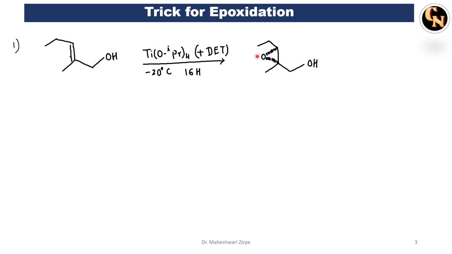Now how will you come to know that it is below the plane? There is a trick for this. What is the trick? You should remember. Let me write it. The trick is whatever I just told you, si face and re face, correct? Si face and re face.